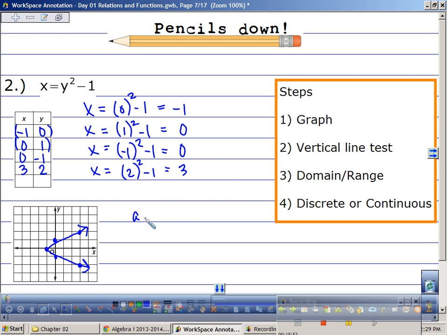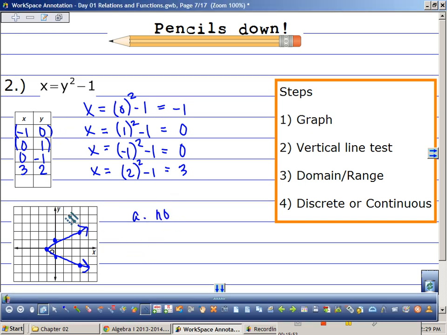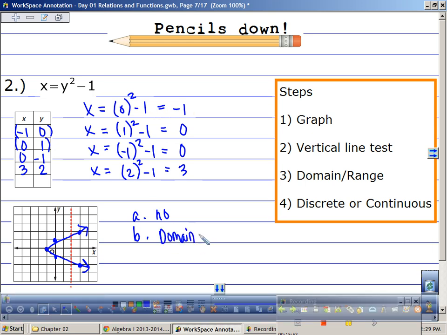So, A, is this a function? No. It does not pass my vertical line test. B, what are my domain values? This is the toughest part, I think, of these graphs. So when you think about it, your x values, is there ever going to be an ordered pair in this direction over here?